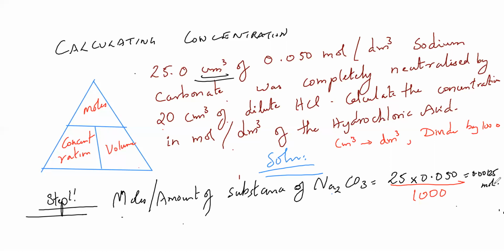So it took around how many moles? 0.00125 mole. So next, we have to calculate the amount in moles of the hydrochloric acid reacted. Correct? So how do we do that further?